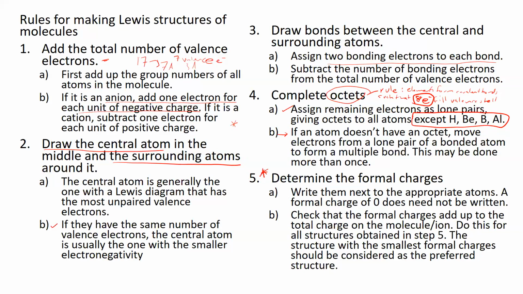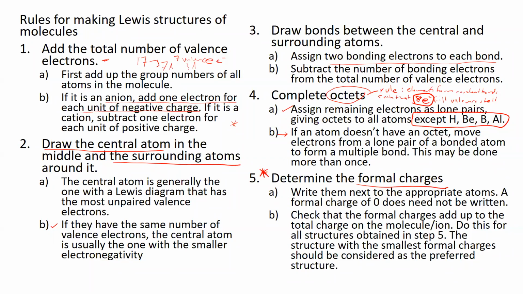Then, after we get good at doing this stuff, we're going to do this other thing, and that is determining the formal charges of the atoms. So formal charges are basically, when you consider an element in a compound, the formal charge tells you how many electrons there are in the element in its free state, when you just have an atom of that element, as compared to how many electrons surround it when it's in a molecule.